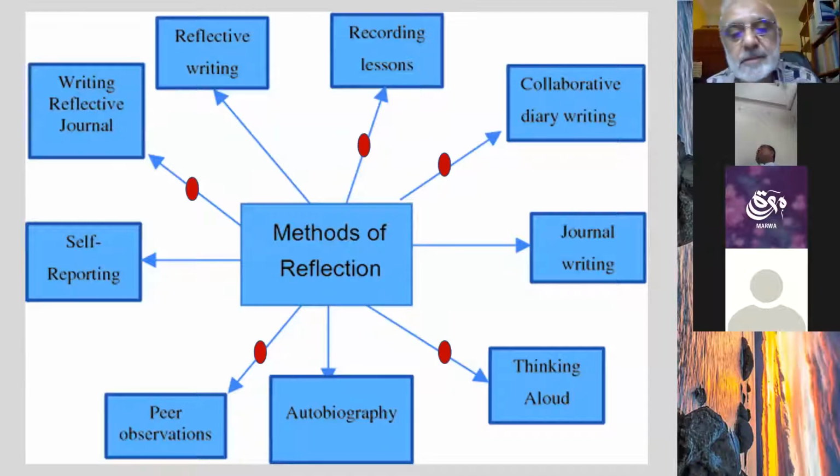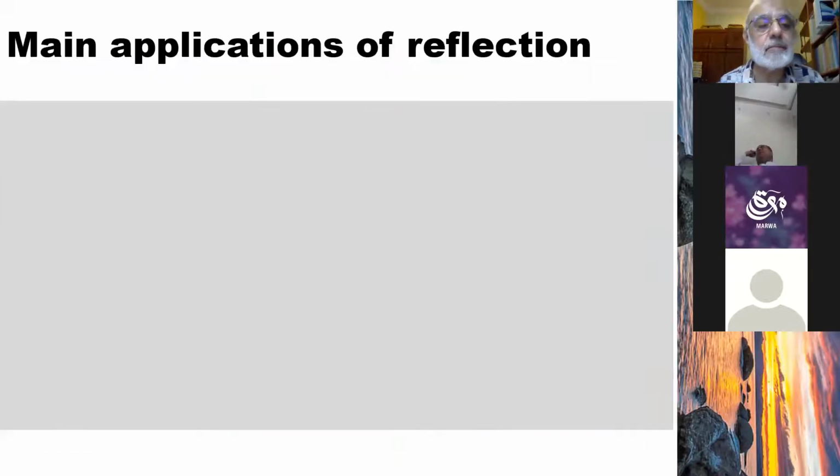There are a number of methods of reflection, some of which are given here. For example, recording the session and then going through the session again and looking at any possible shortcomings, collaborative diary writing, thinking aloud, or writing reflective journals. So there are a number of ways by which we can reflect upon different incidents.